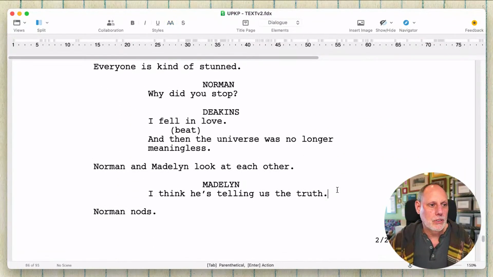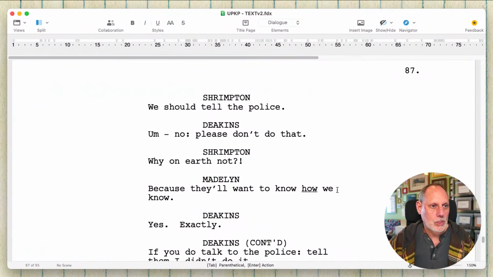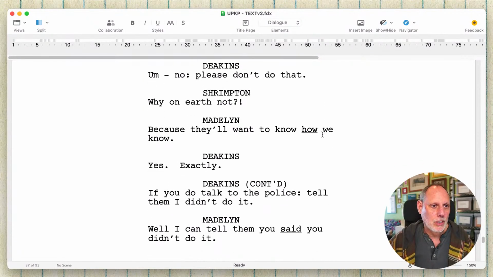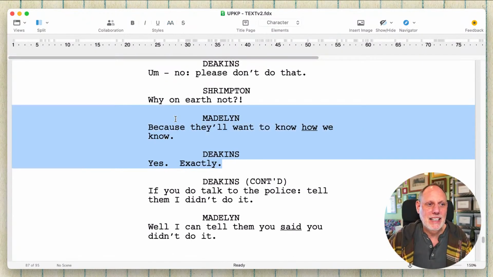I think he's telling us the truth. Then Shrimpton says, no, we should tell them, please don't do that. Why on earth not? Because they'll want to know how we know. Exactly. What I like about this is that Madeline and Deakins are kind of already on the same side. They are sort of unconsciously teaming up because of sympathy, empathy.